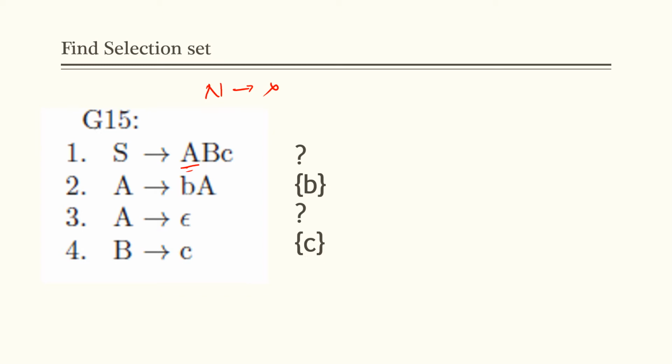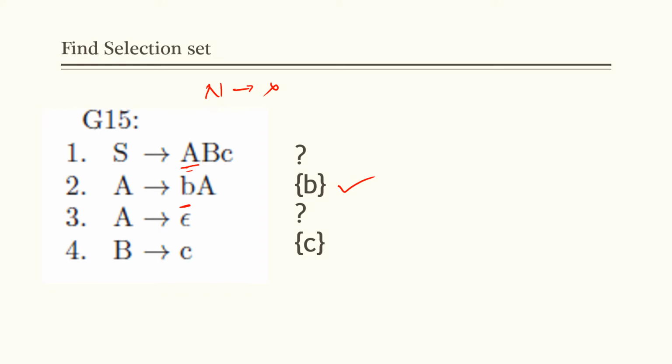In this grammar, the first rule starts with a non-terminal, so we don't know what the selection set for the first rule would be. The second rule starts with B, so the selection set is B. And the third one is epsilon. Again, we don't know what the selection set would be.